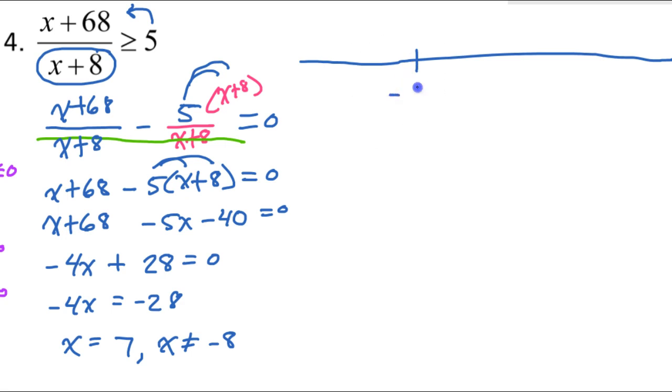Okay, so here's negative 8, and here is 7. The illegal values are always going to be open circles, so I'll have an open circle here. The other value depends on whether it's greater than or equal to. Because of the or equal to, the 7 should be included with a closed circle.